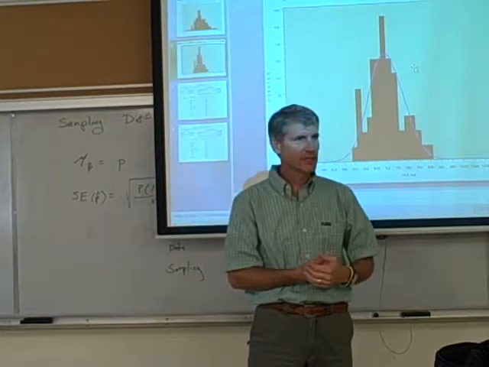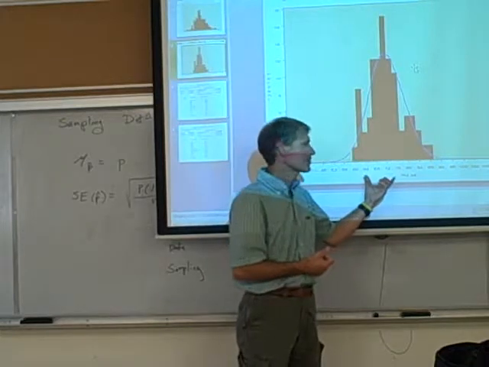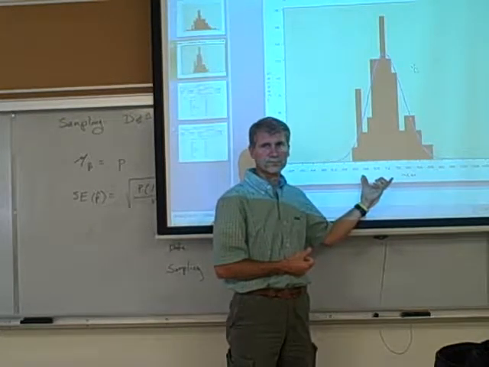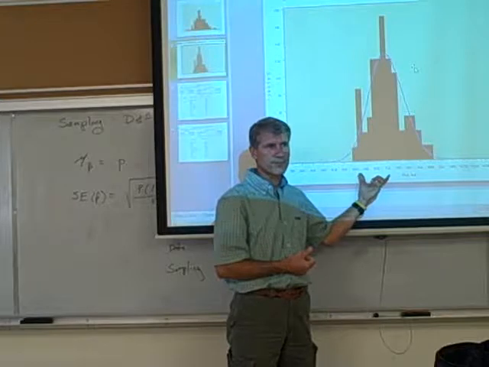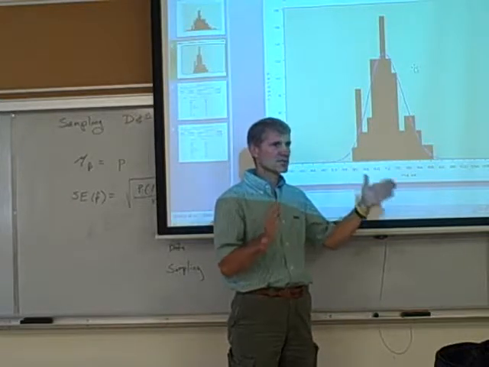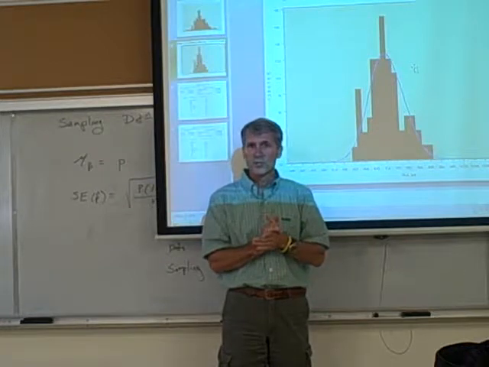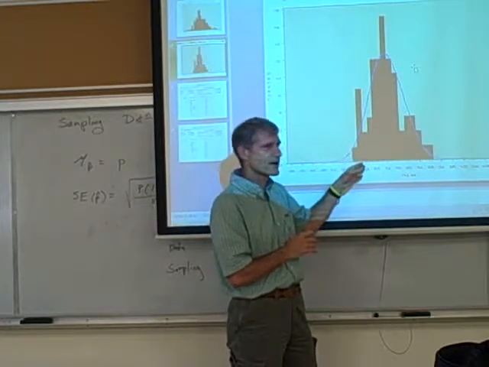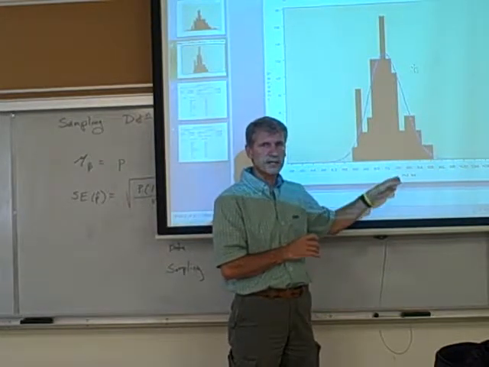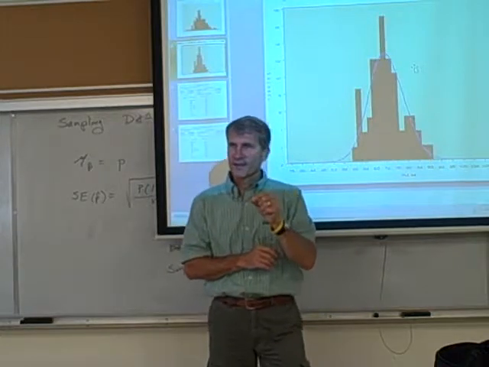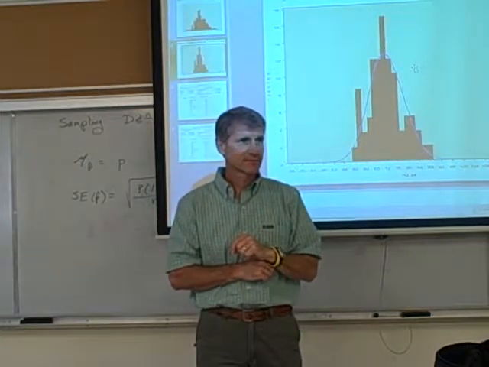So intuitively, what happens as the sample size gets bigger? The spread gets smaller and smaller and smaller, just like we saw it do with proportions, which tells us that the standard error of a sample mean ought to have an n in it, right?